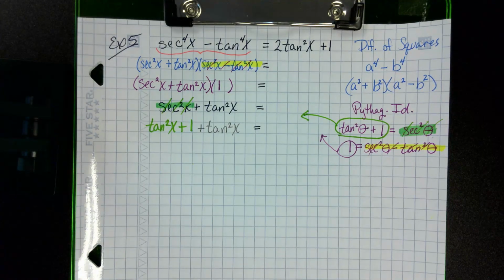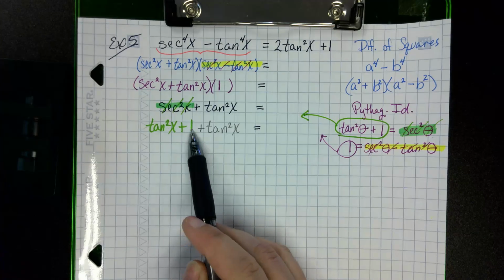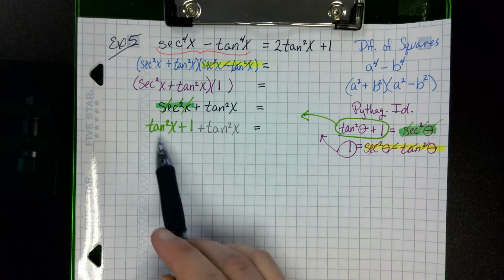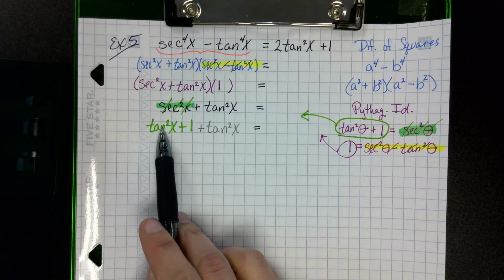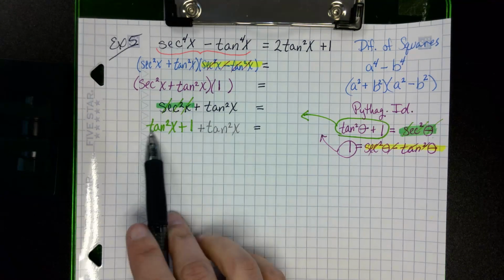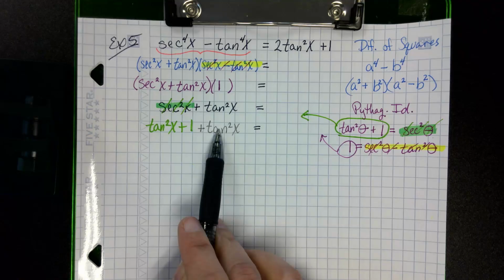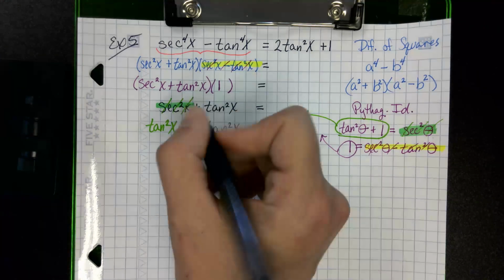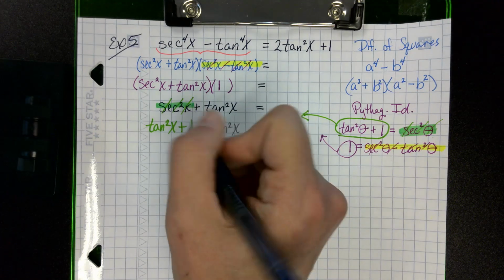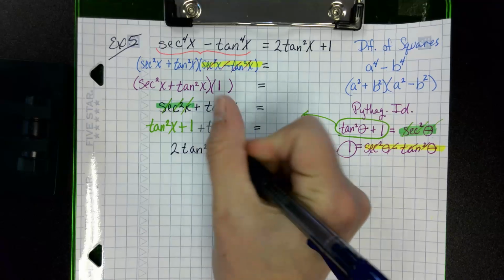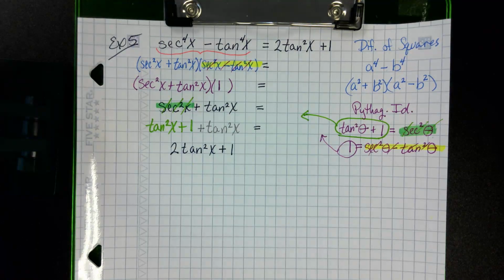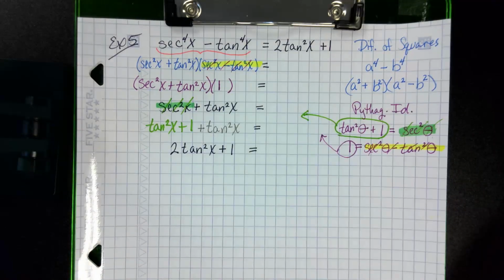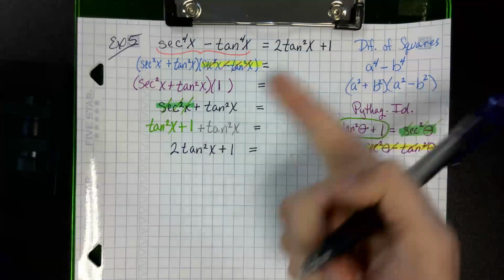All right. So now, tangent squared x plus 1 plus tangent squared x. These are like terms. They're the same thing. I have one term here and one term here. 1 plus another 1 is 2. So now I have 2 tangent squared x. And there is a plus 1. That is not a like term, so it has to stay by itself. Equals whatever's on the right. So what's on the right again? That is the same thing.